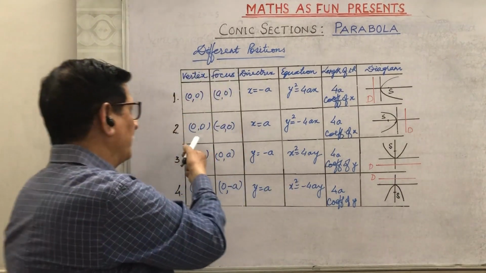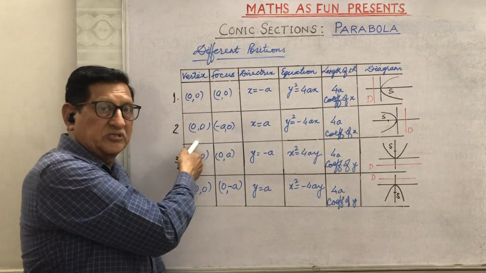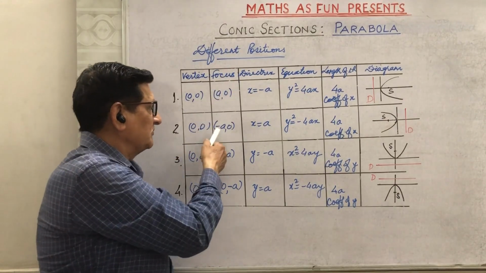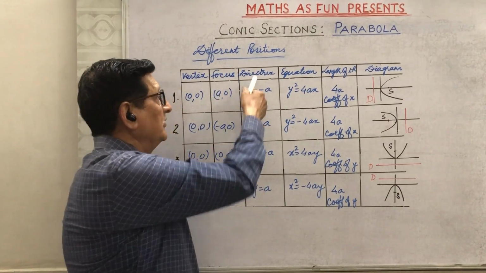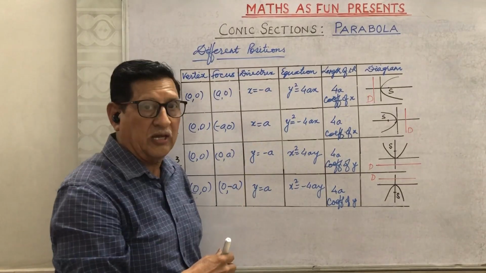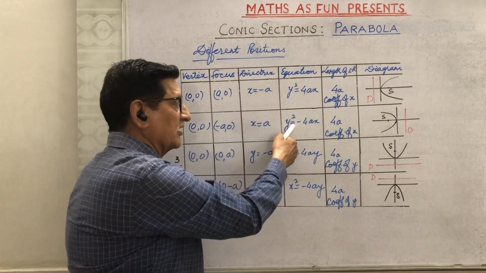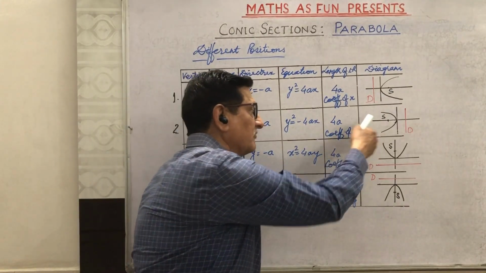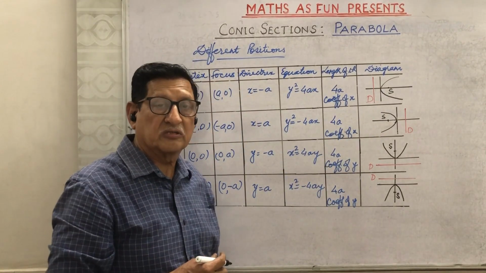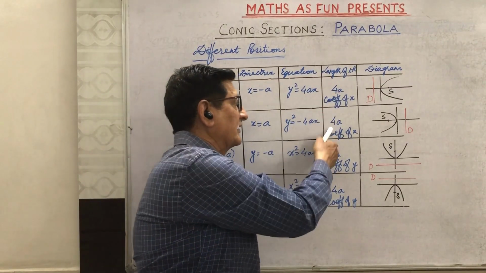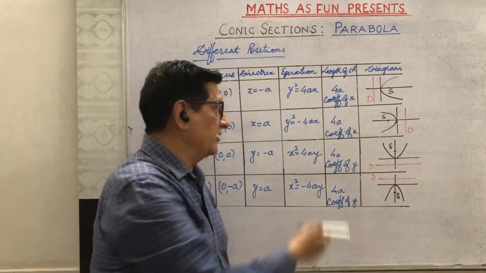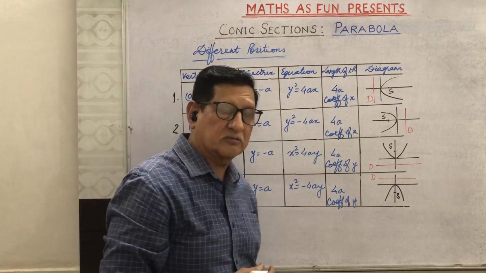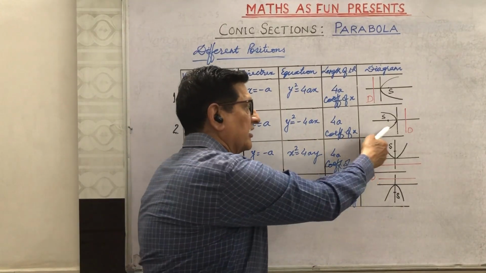Here the vertex is at the origin, the focus is minus a comma 0, and the directrix is x equal to a. The equation will be y square equal to minus 4ax, because this is on the negative side of the x-axis. The length of the latus rectum will be the same, 4a, and here also this is the coefficient of x. And this is the diagram of it.